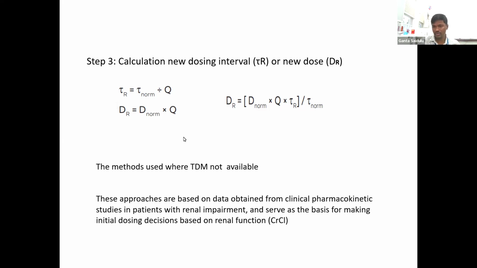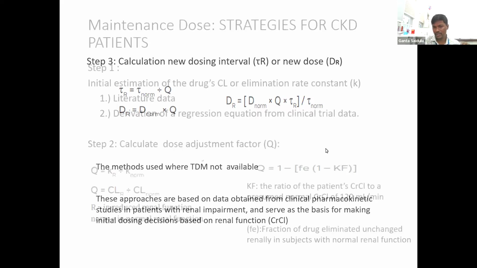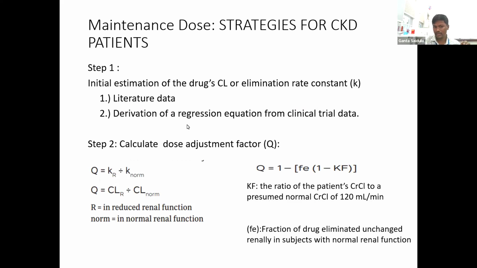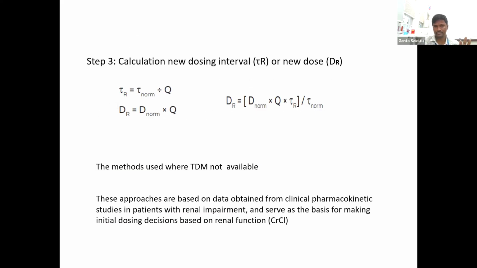We have good literature and studies on renal dysfunction patients for most available antibiotics, including beta-lactams, aminoglycosides and fluoroquinolones. You can apply values like Fe, Kf, drug clearance and rate constant from the literature and calculate the dose for your patient.